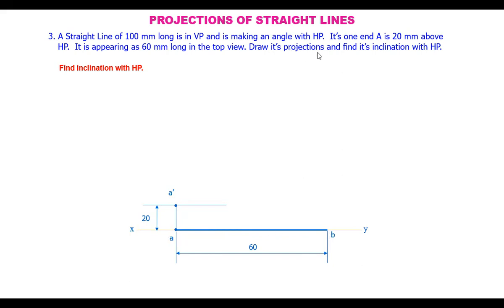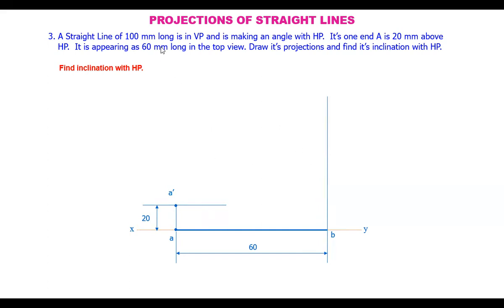Now, draw its projections and find the inclination with HP. The angle with HP is not given. We have to find it. It is making some angle with HP. To get it, we know the true length of the line. So we draw a projector from B, and B dash must be lying somewhere here. And we know the true length of the line.